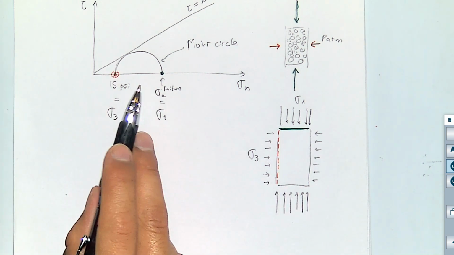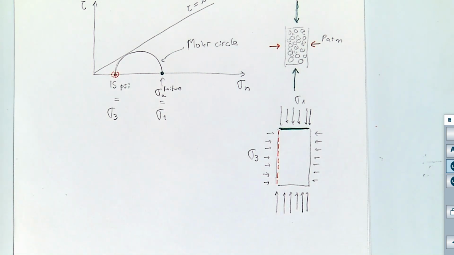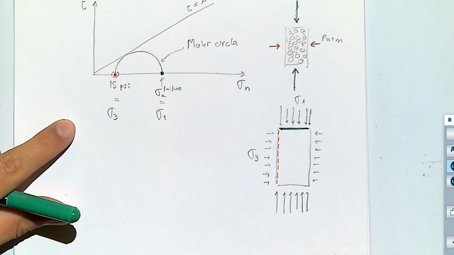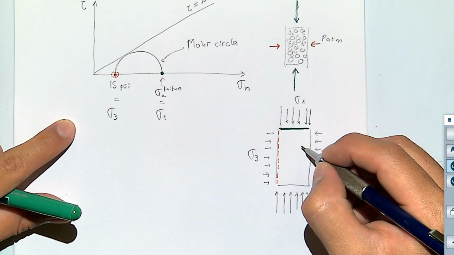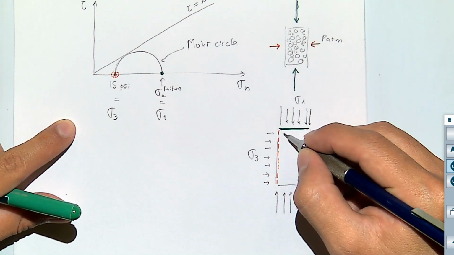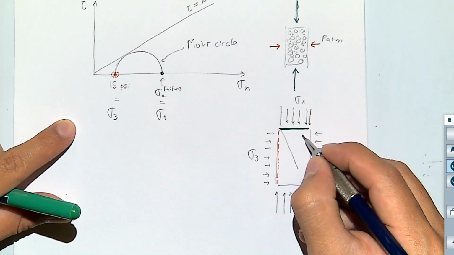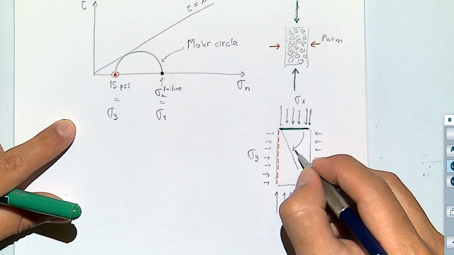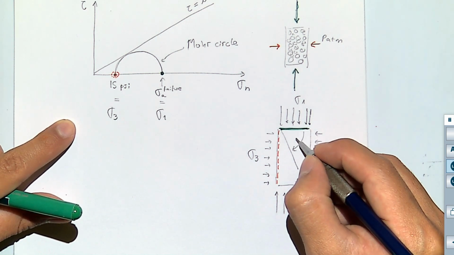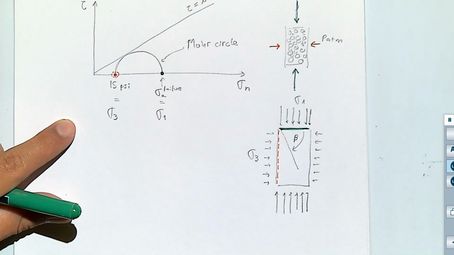All right, now we go with the circle. The circle is going to mean all the state of stresses from a given plane at an angle, let's call it beta.